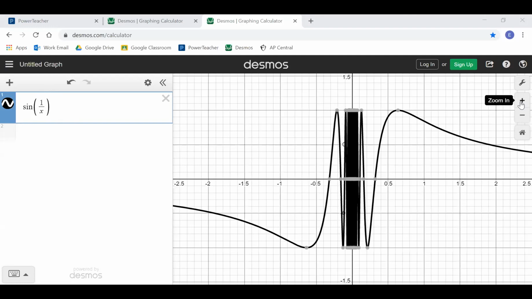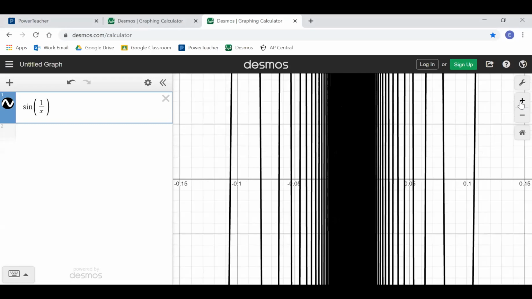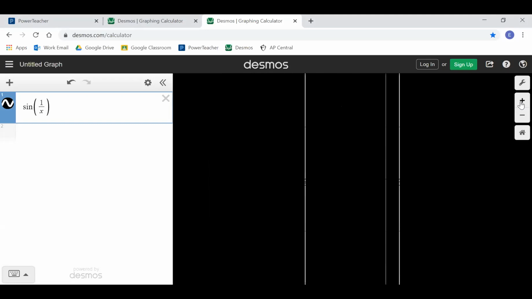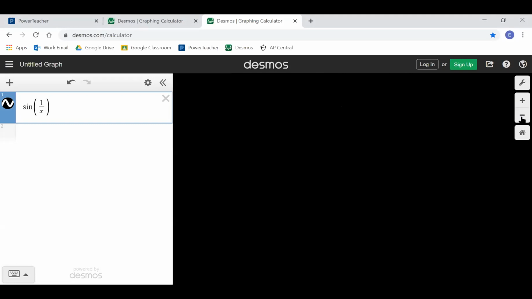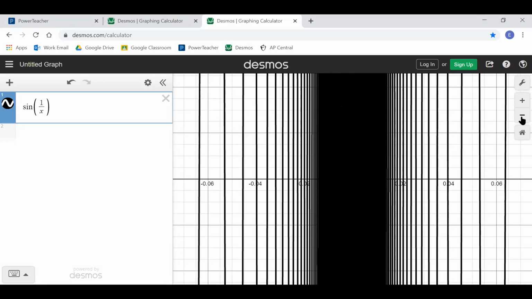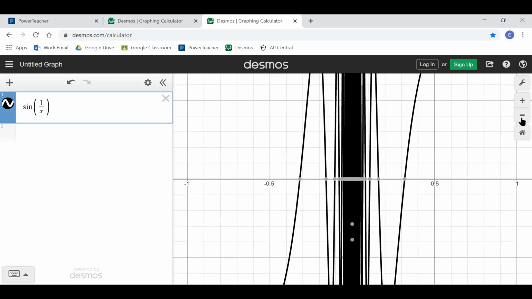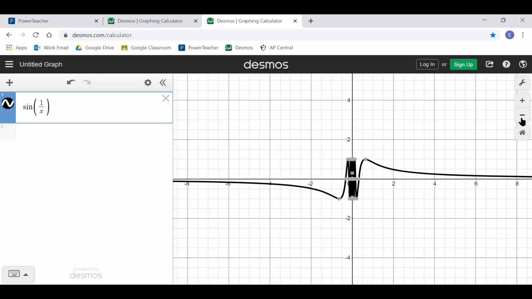So it becomes a little bit of a question. But it does certainly look like, if I zoom in on this, besides it getting a little bit trippy there, like you're going into some sort of vortex, it sure looks like this thing is oscillating back and forth infinitely, doesn't it?